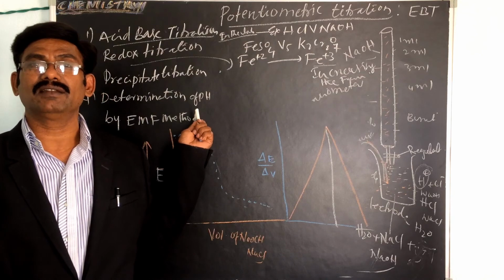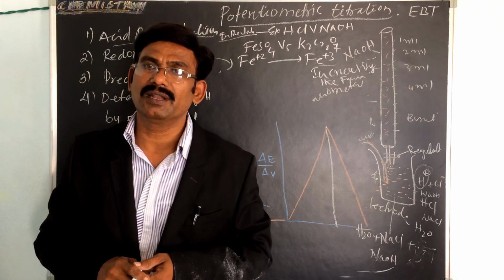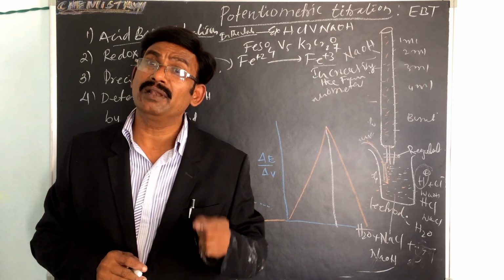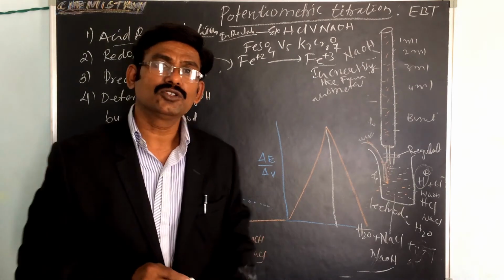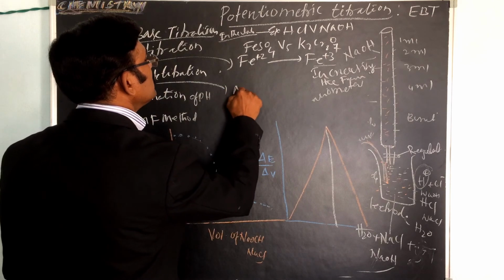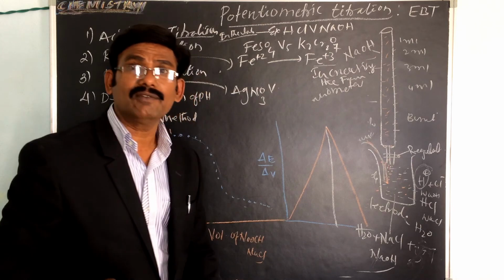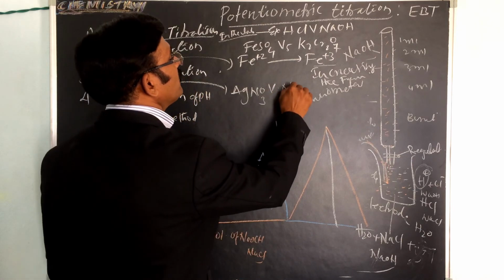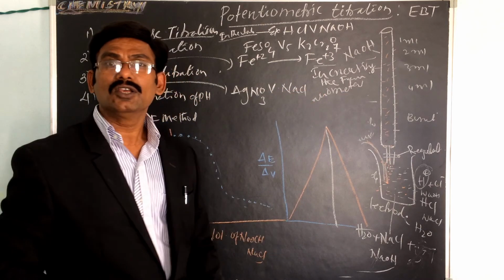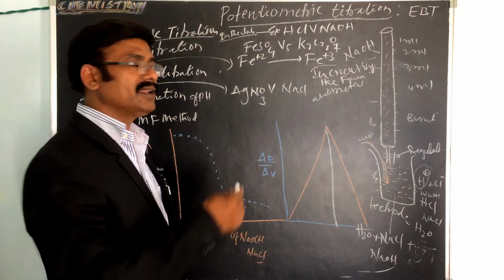And next, the precipitation reaction. We know precipitation means a gelatinous or white precipitate. The best example is silver nitrate versus sodium chloride. What is the reaction here?